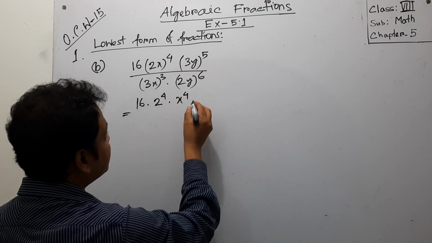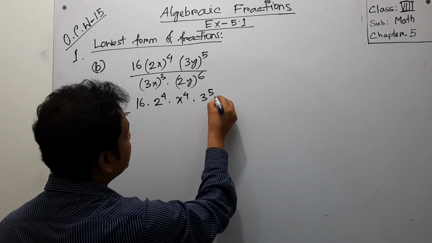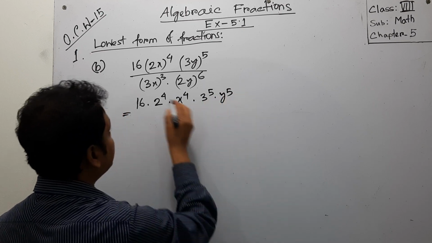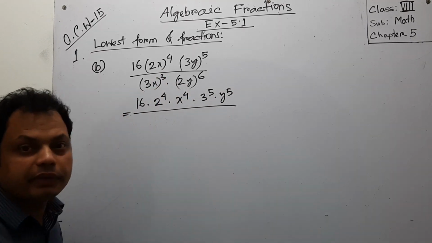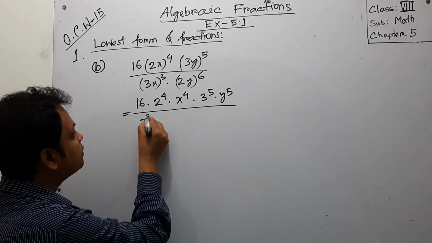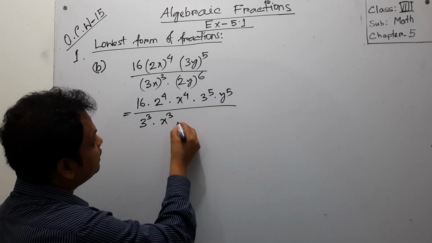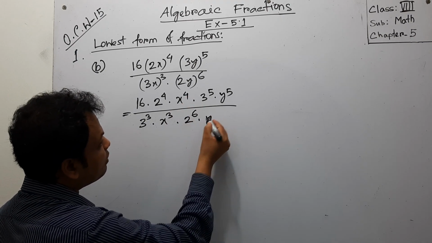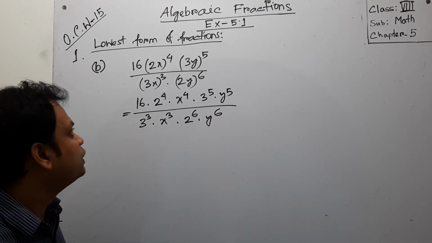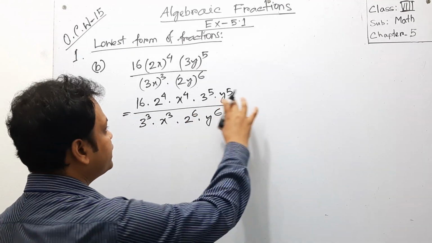After that we'll eliminate the other bracket. Then we get 3 power 5 into y power 5, divided by 3 cube into x cube, then into 2 power 6 into y power 6. So after eliminating the brackets, we have got this part.